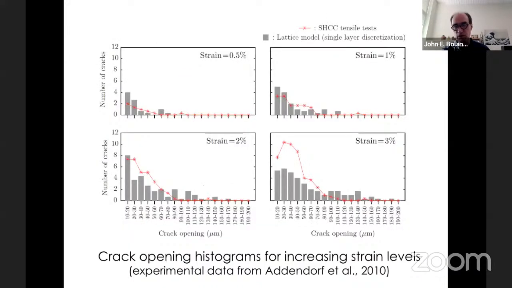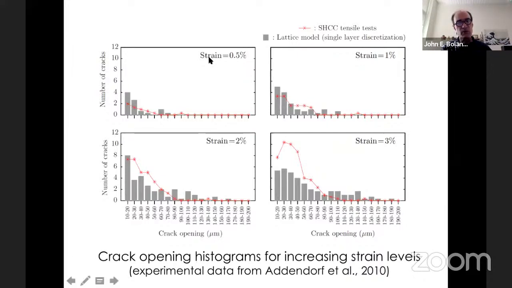And what we were really interested in was the histograms of crack opening. This is important when estimating the durability of some protective schemes or some application areas. You're interested in how wide are the cracks.